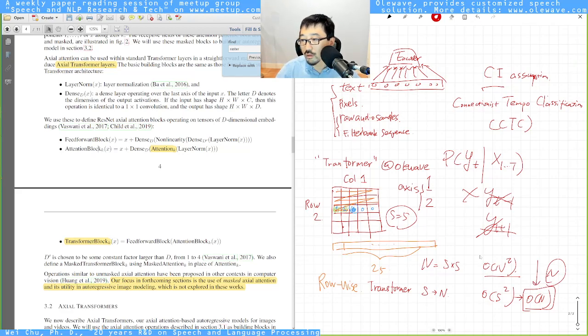I think so. But later on the author proved that, because they stack up the previous layers, the total computation cost would be O(s) times O(s) squared. This is O(n) times the square root of n.